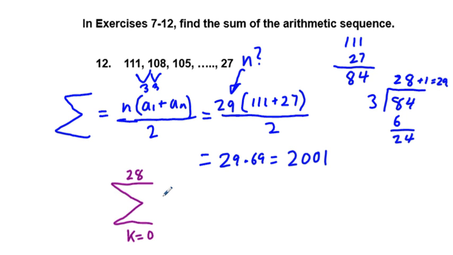What is our starting value? Our starting value is 111, and we're going to subtract 3 times k. For the 0 term, that just gives us 111. So let's put this in the calculator and see if we get the same thing.